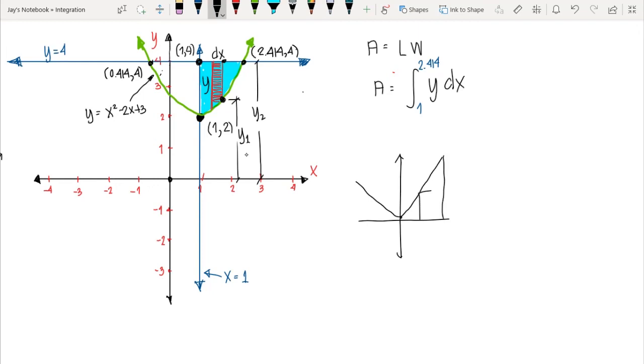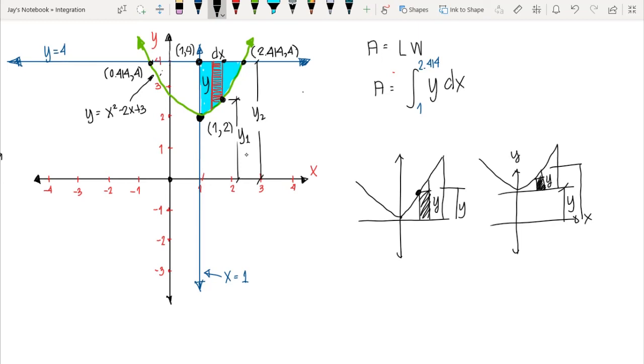Unless our y is in this position, like for example, this one. If this is our vertical strip and this is our y, then we can say that our y here is the equation of the curve. But in the case that our y is floating above our x-axis, like this one, if we create a vertical strip, let's say this is our y sub 2 and this is our y sub 1.